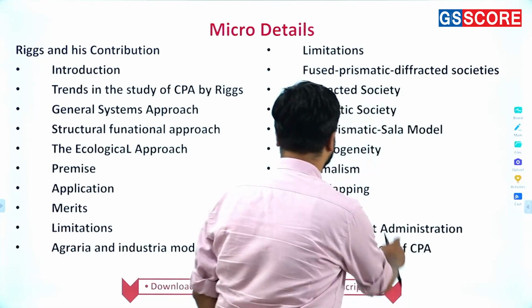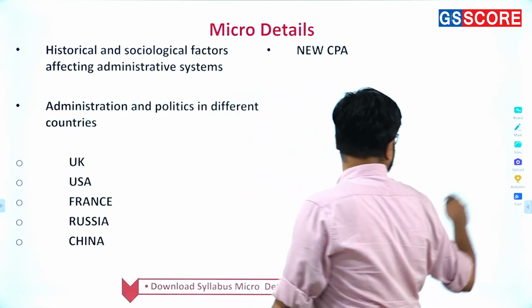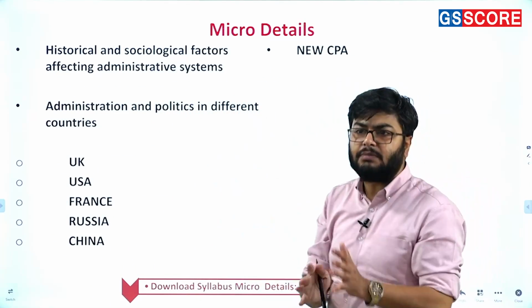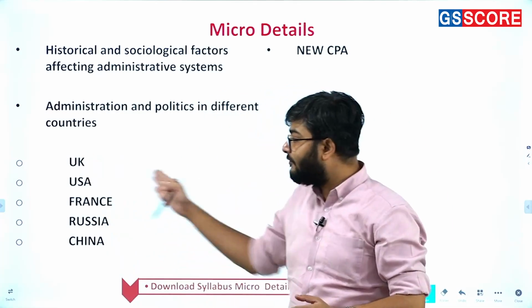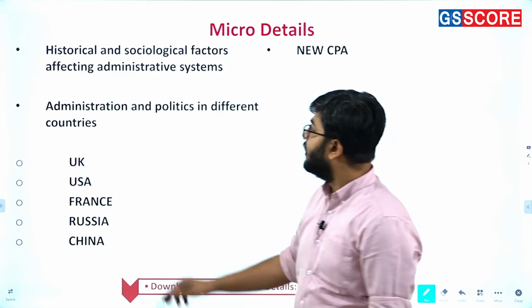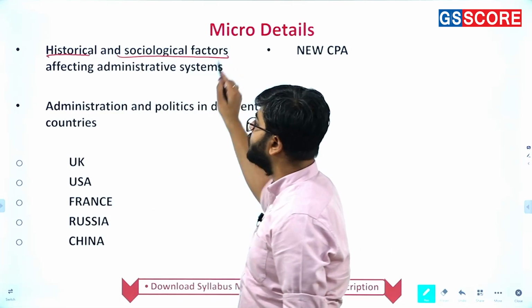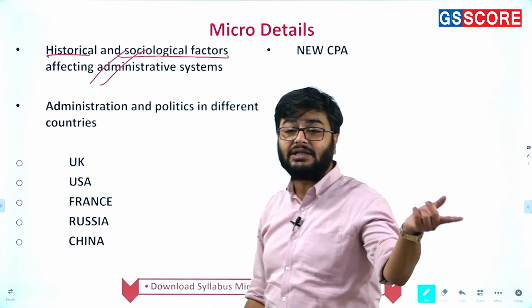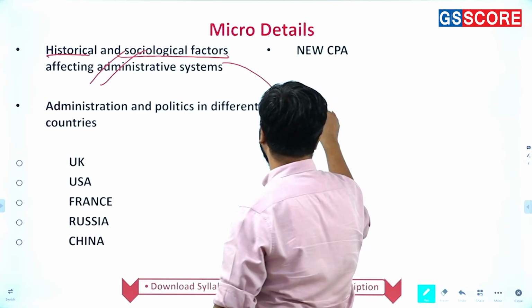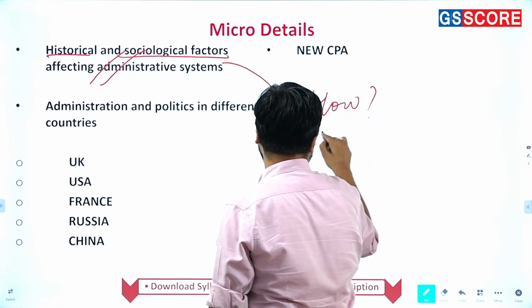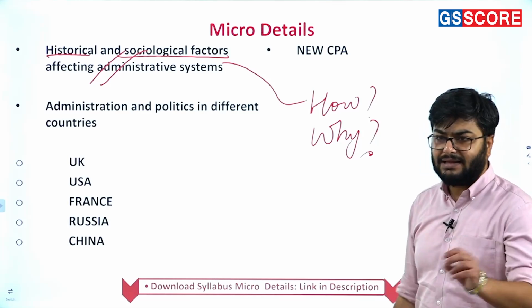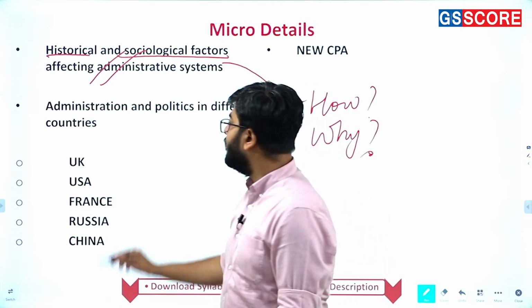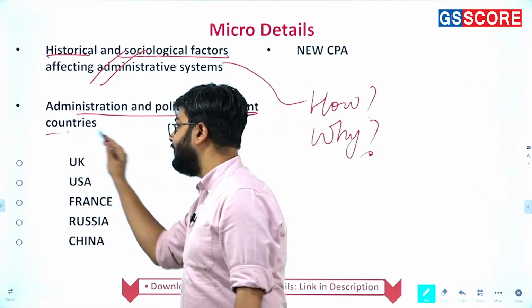Further, a consolidation is demanded through the readings, through the learnings that have gone before this on historical and sociological factors affecting the administrative systems, how they affect, why they affect, and then having a look at the administration and politics in different countries.